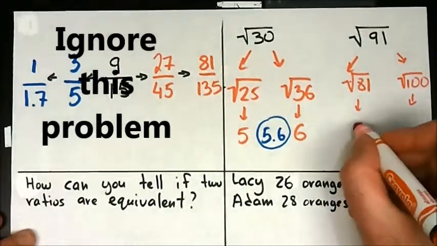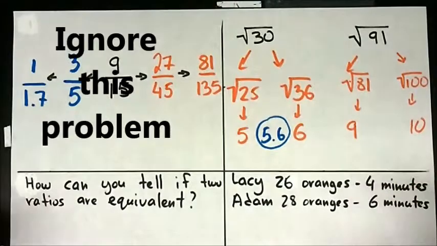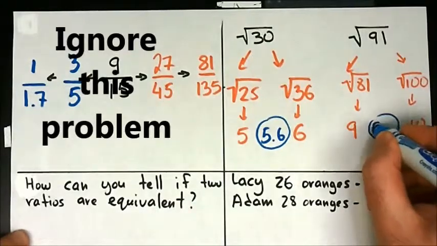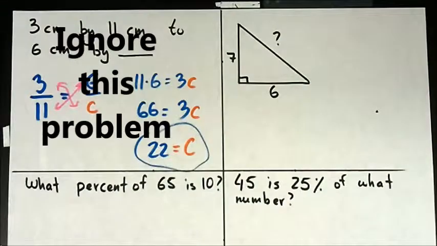For 81 it's 9. For 100 it's 10. And then of course, what is our estimate for 91? 9.5. And that's a pretty decent estimate here.